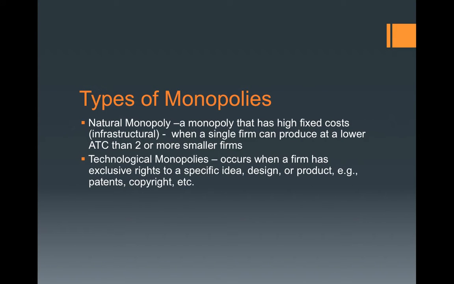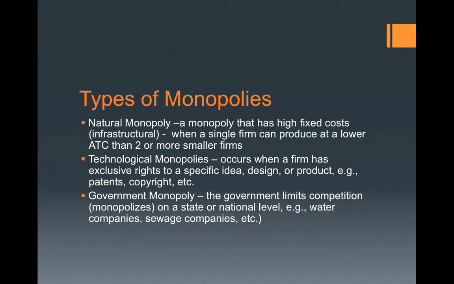Next, we have technological monopolies. This occurs when a firm has specific exclusive rights to an idea, design, or product. These are things like patents or copyrights. The best example of these types of monopolies are medicines, right? If somebody invents a medicine, then they have a monopoly on the production of that specific medicine, usually for at least 20 years. Next, we have a government monopoly.